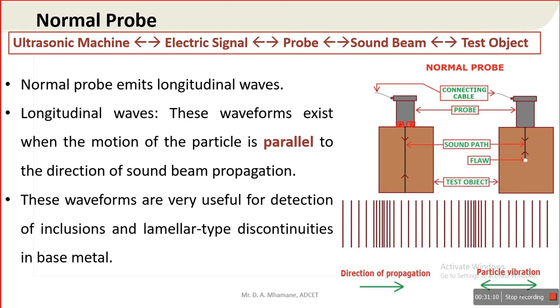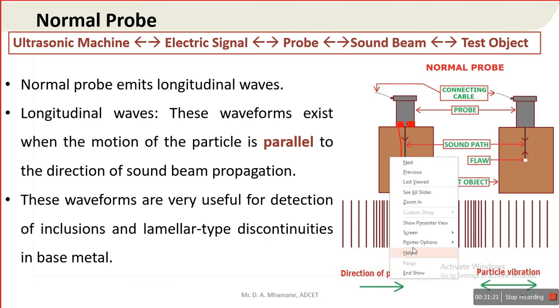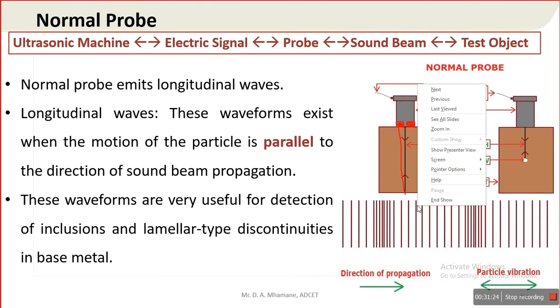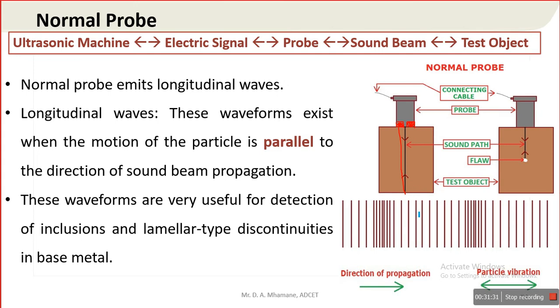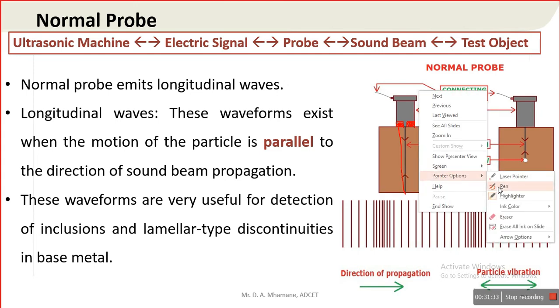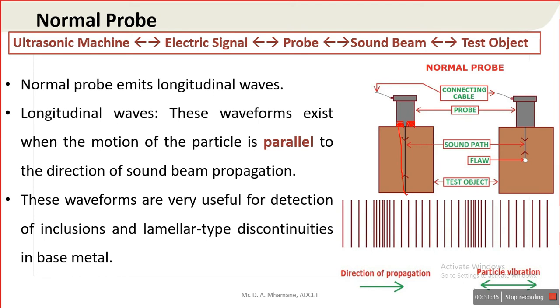These elements are responsible for transmitting and receiving the sound wave. The first one transmits the sound wave and the other one receives the sound wave, which is reflected from the back wall echo, or you can say flaw.